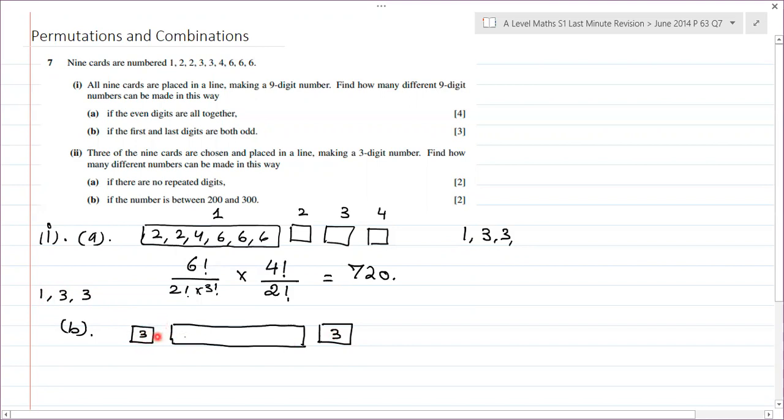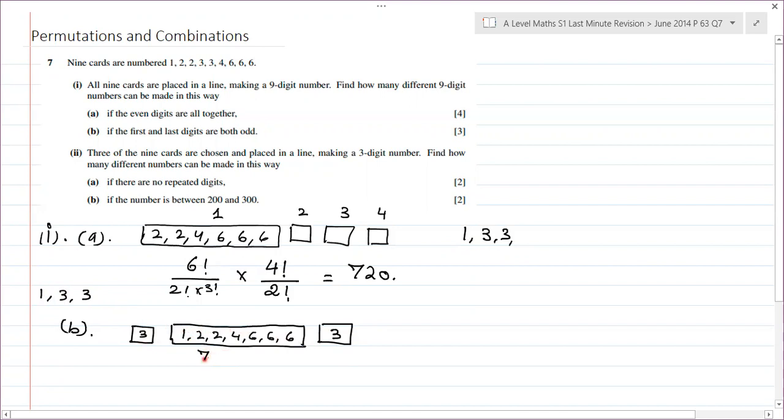So my first digit is 3 and my last digit is 3. That means I have my 7 remaining digits over here, which are 1, 2, 2. I have used the 2 3's. I have 4, 6, 6, and 6. These are my 7 remaining digits.